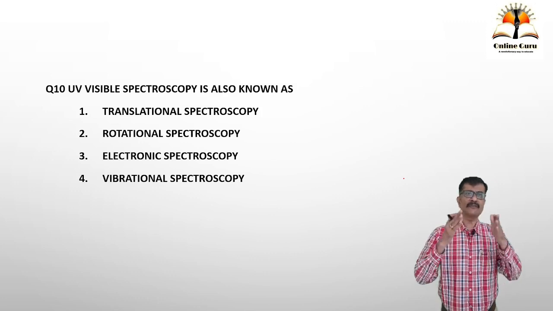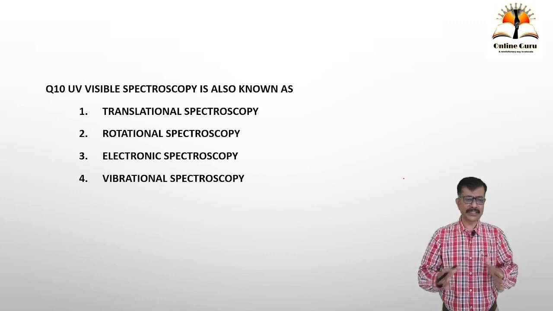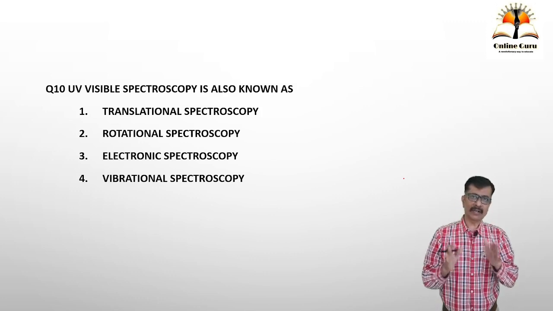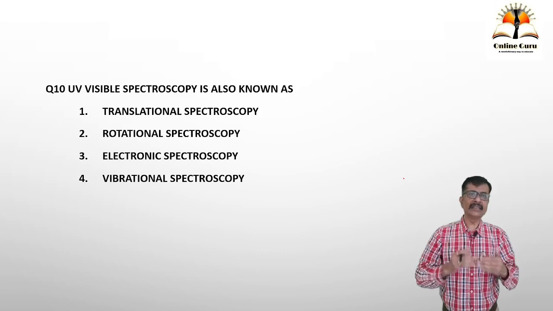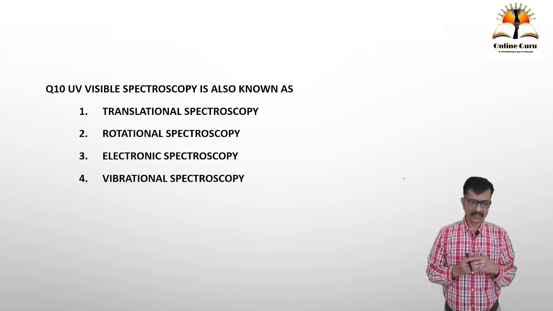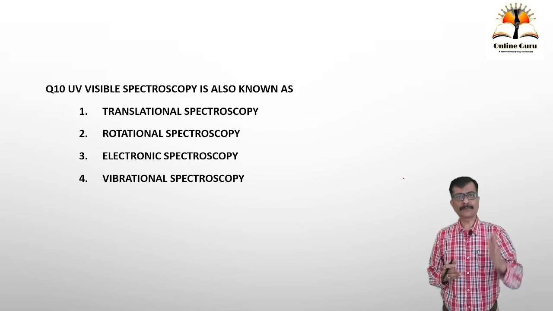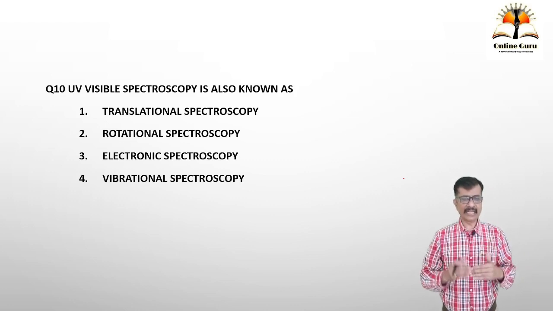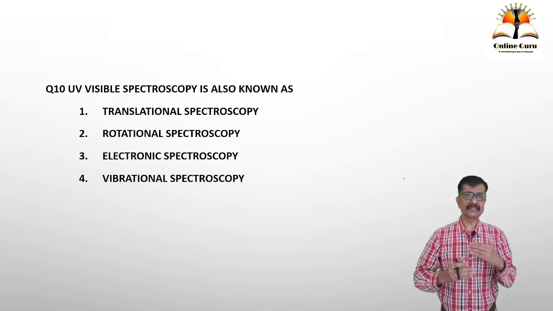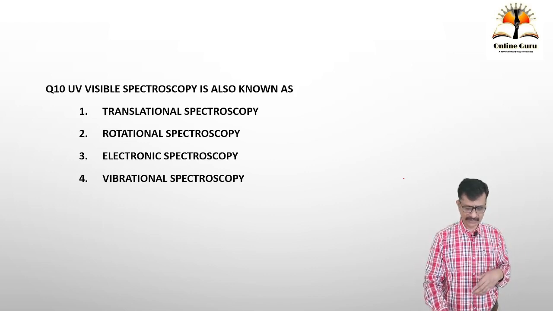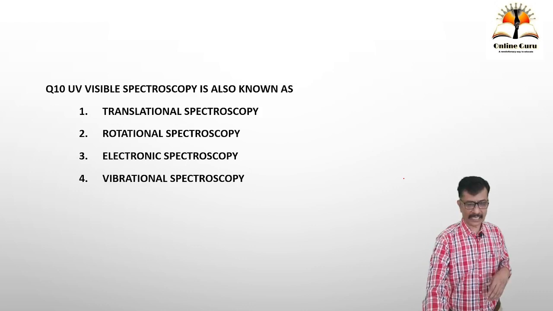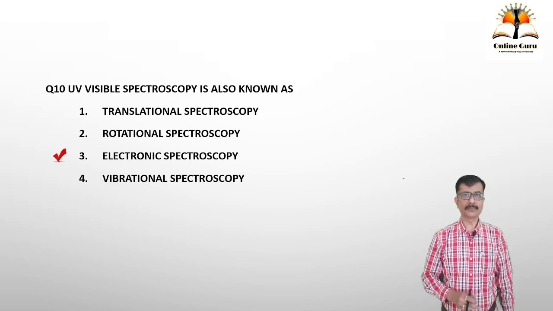The energy of UV visible light is sufficiently high to cause electronic transitions in a molecule that absorbs UV or visible light. So after absorption of UV or visible light, there are electronic transitions in the molecule, which are recorded. So UV visible spectroscopy is also known as electronic spectroscopy.